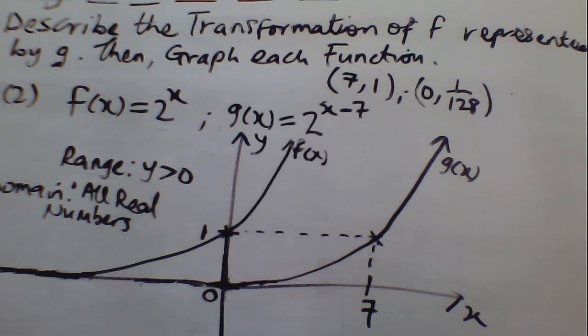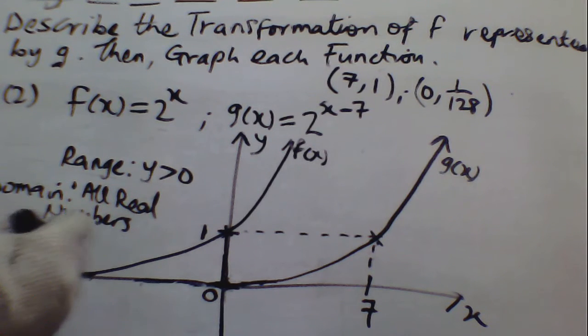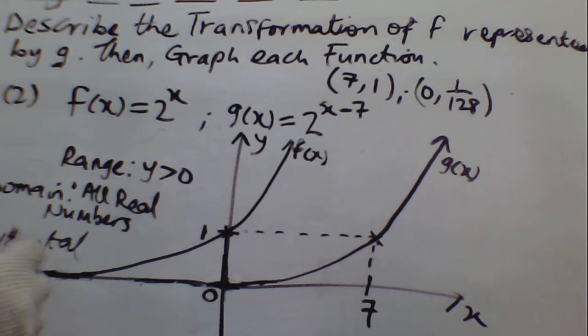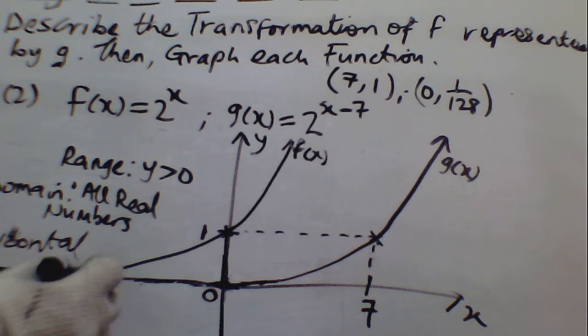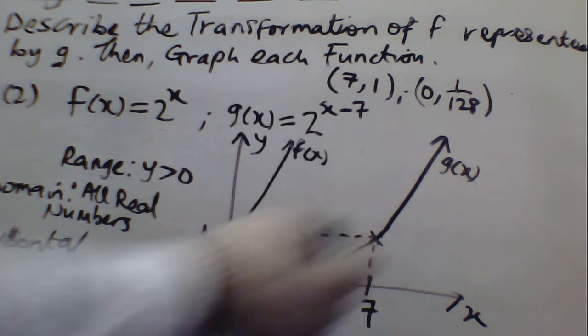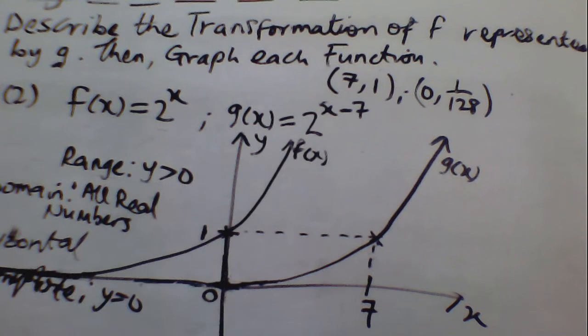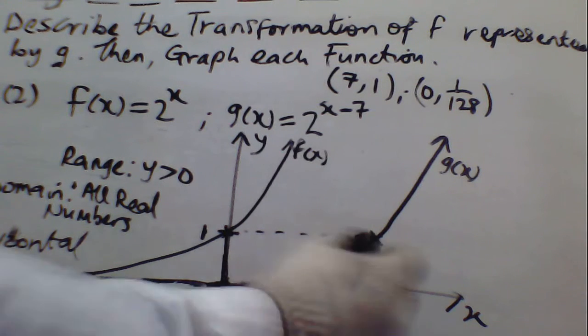So y is equal to 0 because it occurs here. Any question? This is the line of the asymptote.